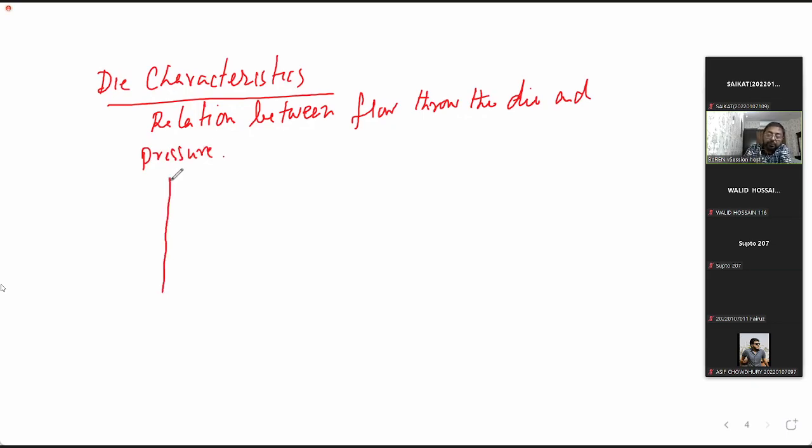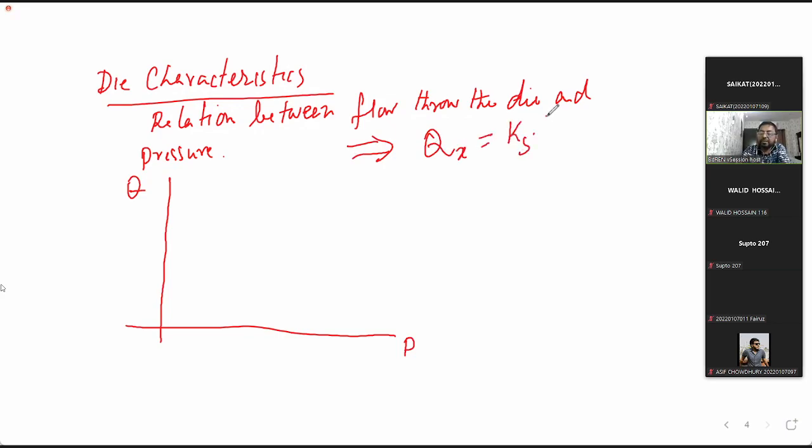That means if we draw the curve, this is our P, this is our Q, and it is found that this Qx will be equal to Ks into P. So this equation is a straight line going through the center. Ks is called the die shape factor.